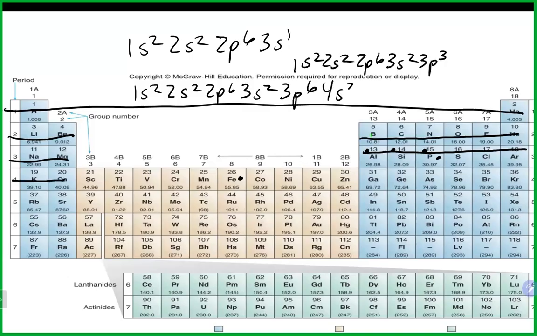And now we want to get to iron, which is in the d sub-block. We can count the boxes, 1, 2, 3, 4, 5, and 6.